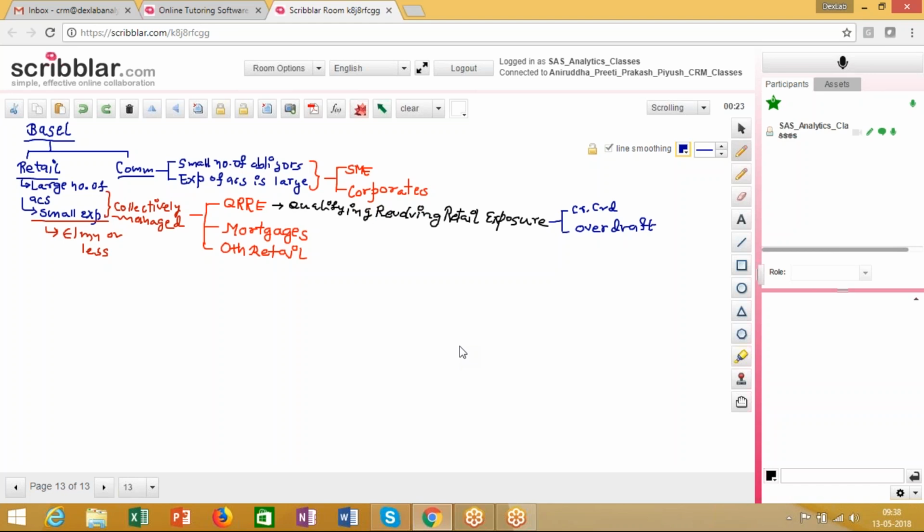One of the most distinctive characteristics of a revolving product is that it's an open-ended product. So basically, a revolving product is an open-ended product.